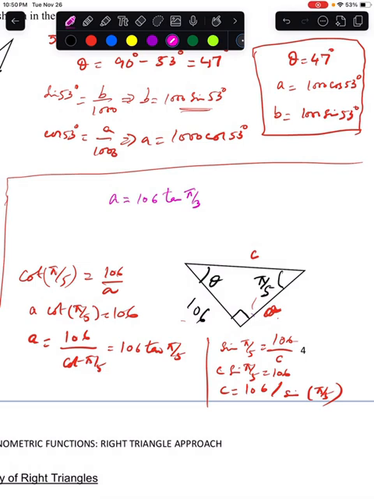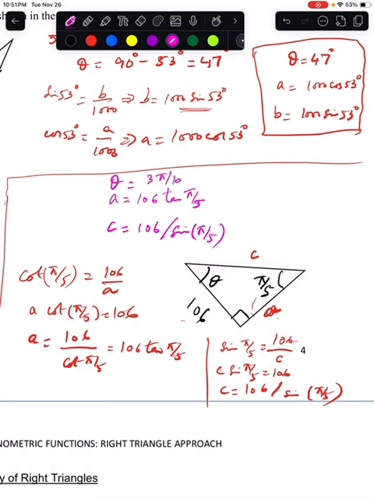C is equal to 106 divided by sine of pi over 5. And then what else? Well, what about theta? Yes, theta is the first thing that we found. Theta was 3 pi over 10.